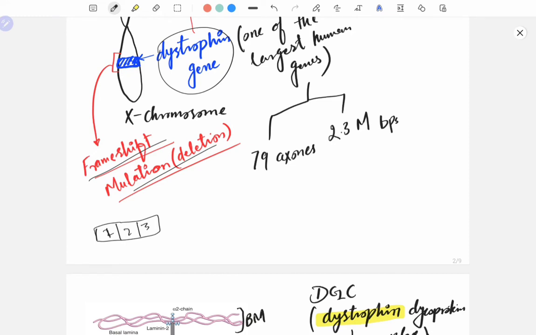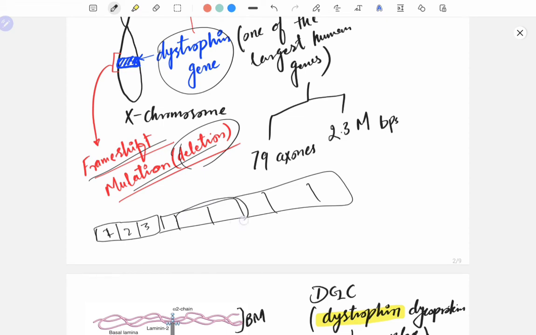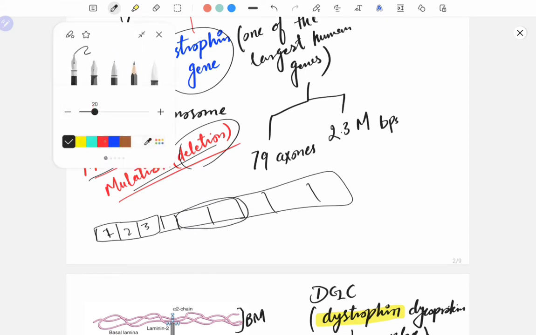And when there is a deletion, you can see this is a deletion of nucleotides. I also make another nucleotide sequence 1 2 3. And for example, here is a deletion mutation. What happens?